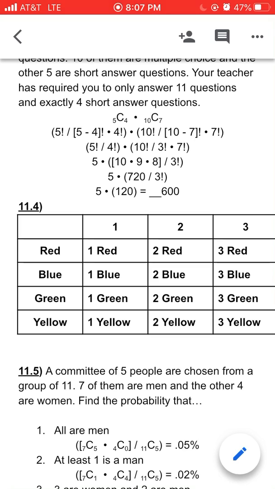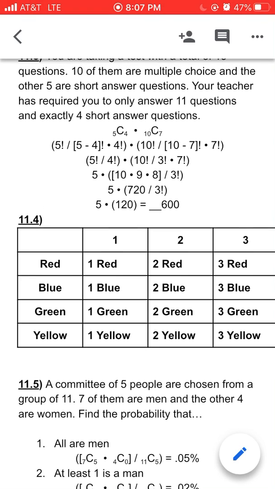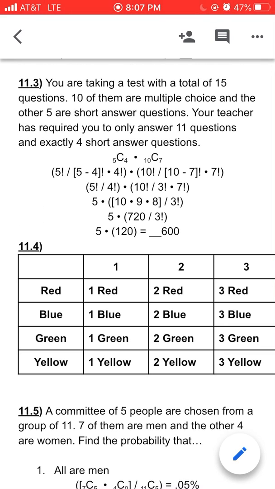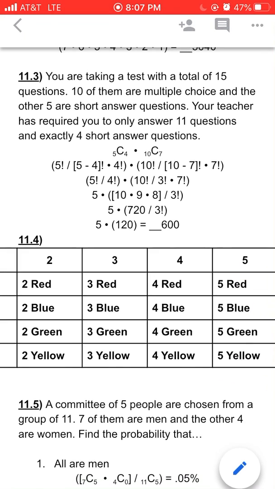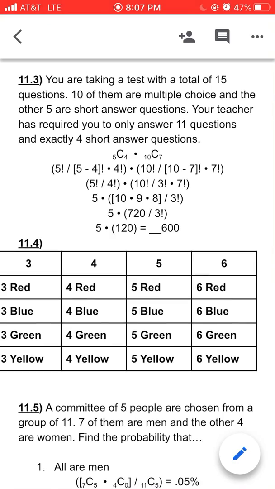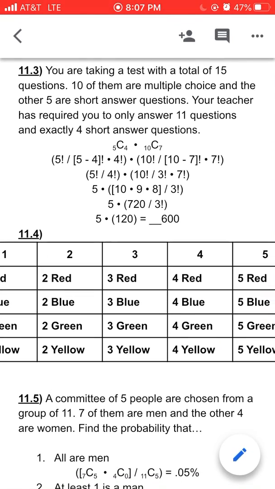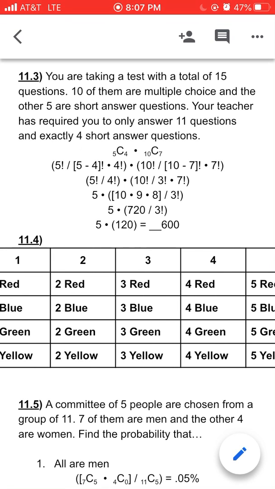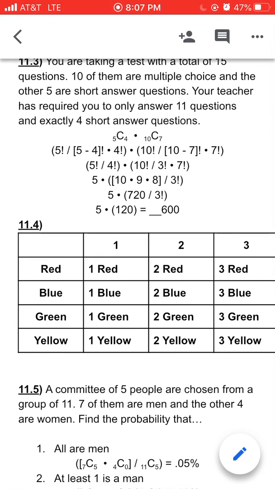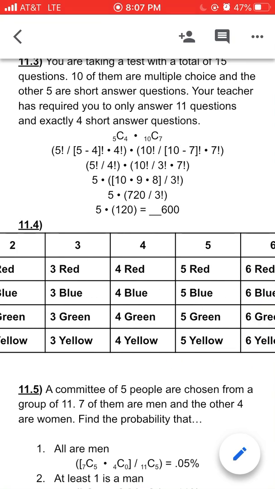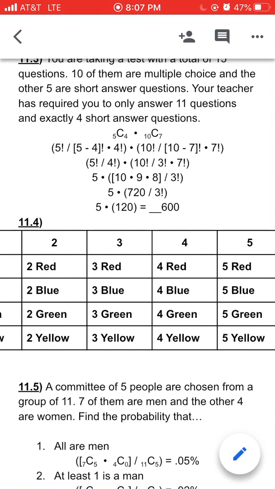spin or roll the 2 together, you have a possibility of getting red and 1, red and 2, red and 4, red and 6. You also have a possibility of getting blue in 2, blue in 6, blue in 3. The same possibility of getting green in 5, green in 4, green in 3.